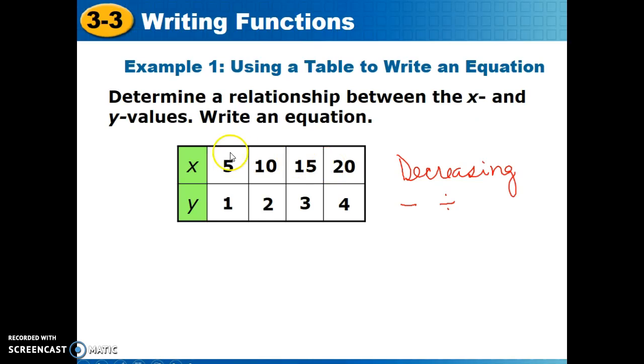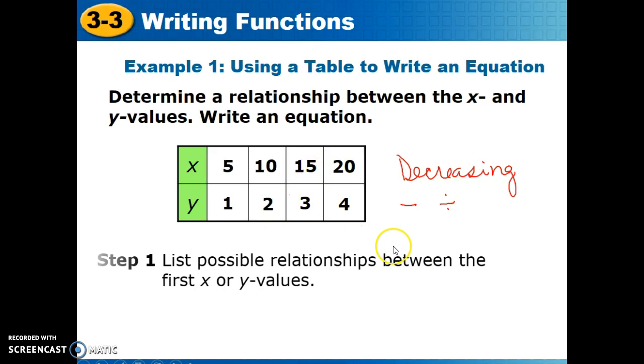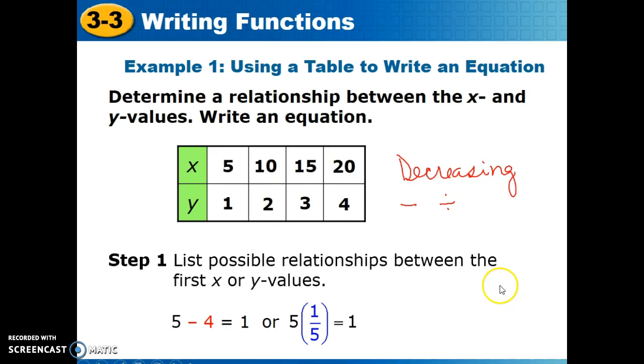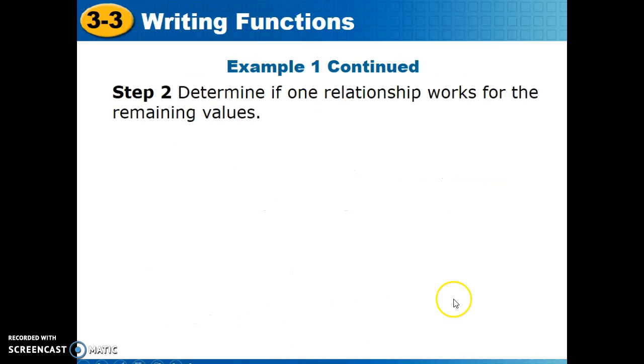We are dividing. What would we divide 5 by to get a 1? Dividing 10 by the same value to get 2. And you guys can easily see that we're dividing by 5. Not 5 minus 4, but 5 times 1/5. This is the one that works for us. We determine if one relationship works for the remaining values.